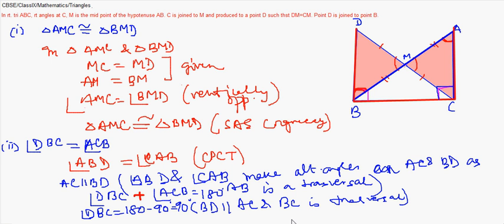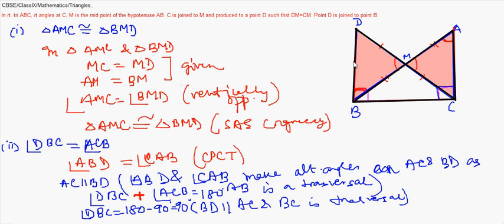Now it says we have to prove triangle DBC congruent to ACB. That means this whole triangle, I again have to highlight this part and this part. In that case it will be very simple because we had already proved the congruency of these two pink triangles.